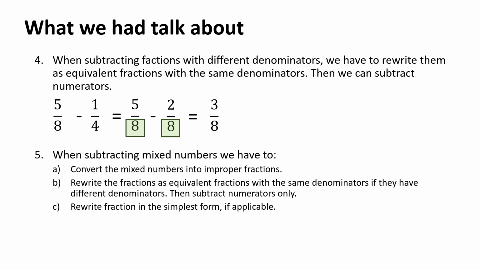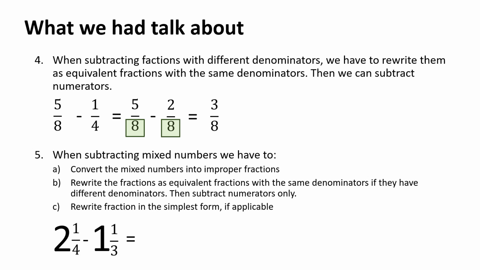When subtracting mixed numbers, we have to convert the mixed numbers into improper fractions, rewrite the fractions as equivalent fractions with the same denominators if they have different denominators, then subtract numerators only. Rewrite fractions in the simplest form if applicable.